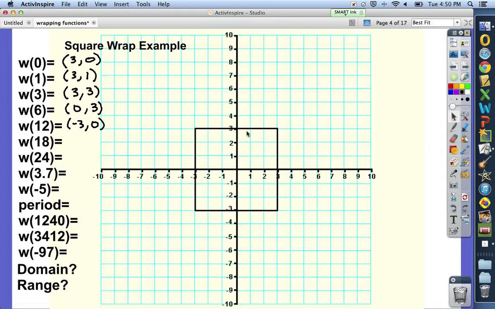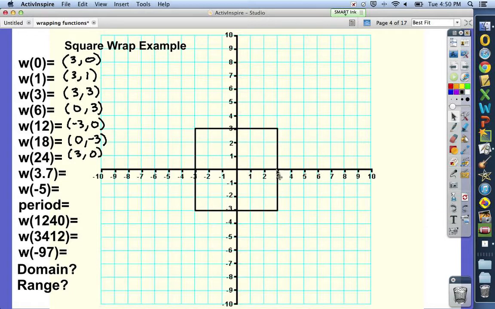So if this was 6, this other piece is 6, so that's 12, and another 6 is going to bring us to 18, which is right down here at the bottom of the square. So 0, -3. For a wrap of 24, 6, 12, 18, 24, we're back to our starting point, which means the point 3, 0.